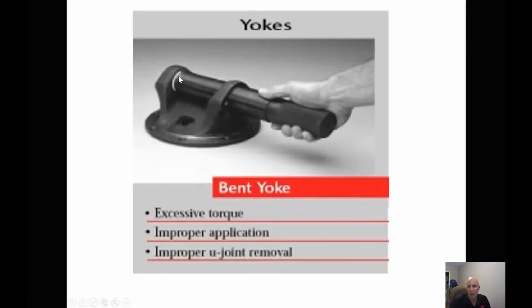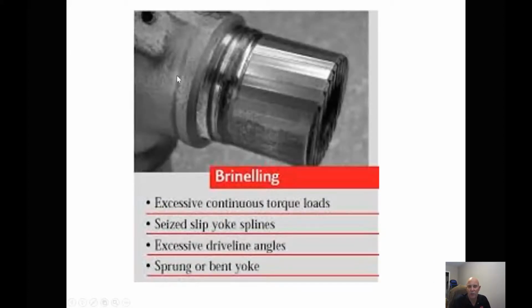So some pictures we want to look at of U-joints. So this is brinelling. You can see we have a lot of flat spots. So here's what they say that can cause it: excessive continuous torque loads, seized slip yoke splines, excessive driveline angles, or sprung or bent yoke.